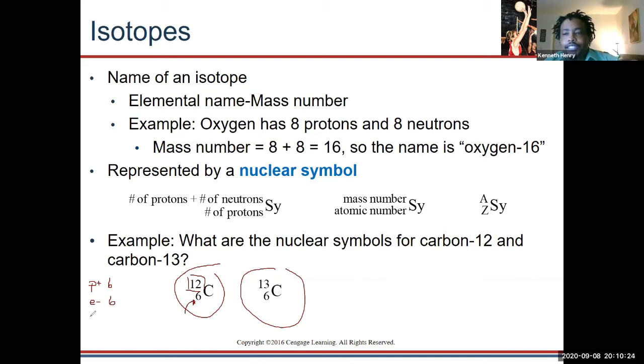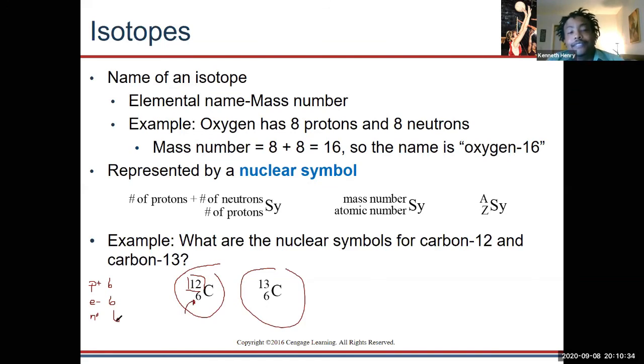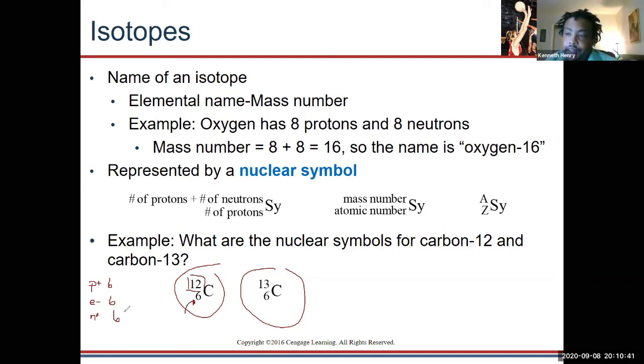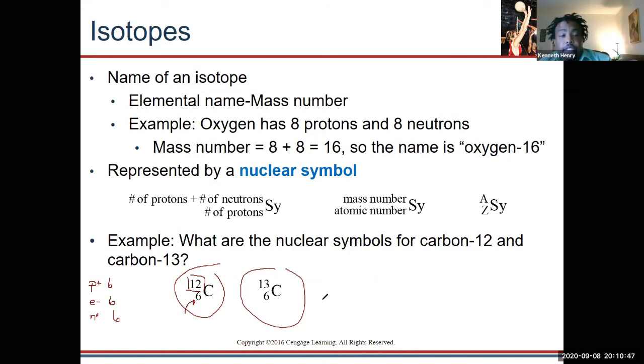How many neutrons does carbon-12 have? 6. And how did you figure that one out? By just subtracting. You subtract the number of protons from the mass number. Yep.